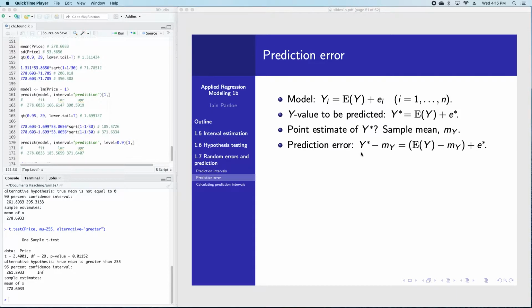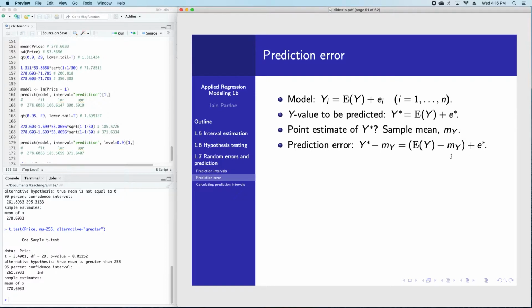And so when we use this as our prediction, we'll have a prediction error that's equal to whatever the actual sale price is for this new house, y star, minus the sample mean, which we're using to estimate it. If I substitute in my model, y star equal to the expected value of y plus e star, into this equation, I'll get E of y plus e star minus y bar, the sample mean.